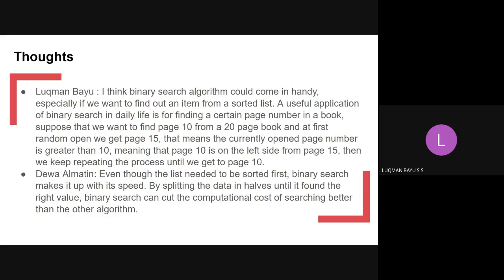So what we do first is we open the book randomly, and here we get page 15. So that means we want page 10, but we get page 15, so page 10 is less than 15. So logically, page 10 is on the left side of the list. So then we repeat the process until we get to page 10.